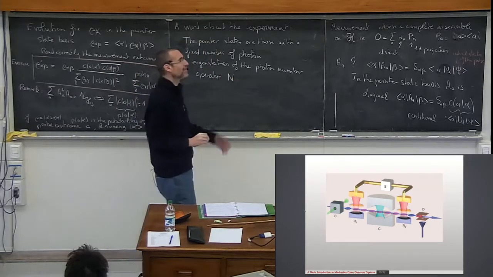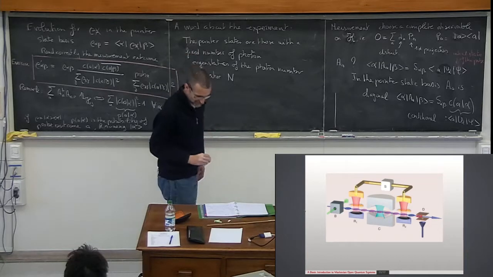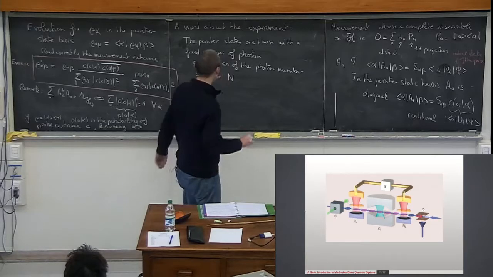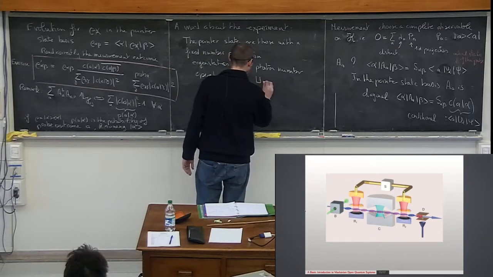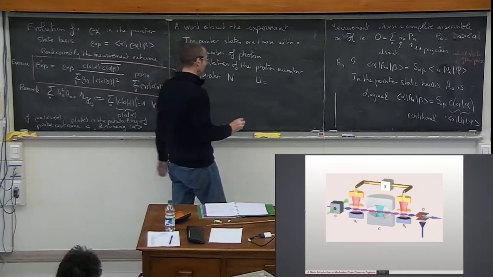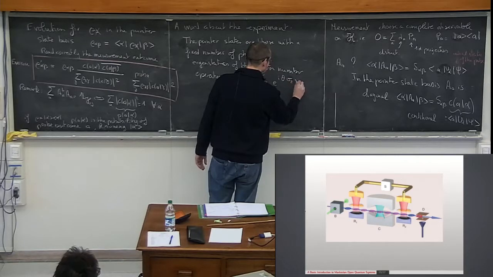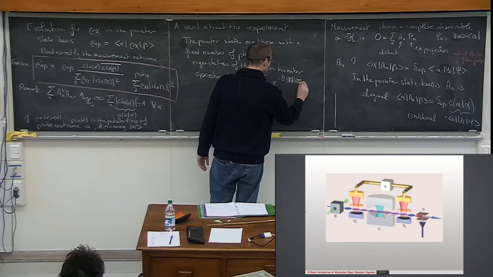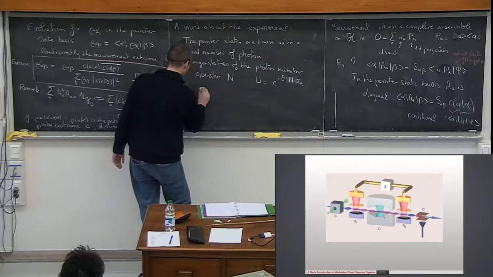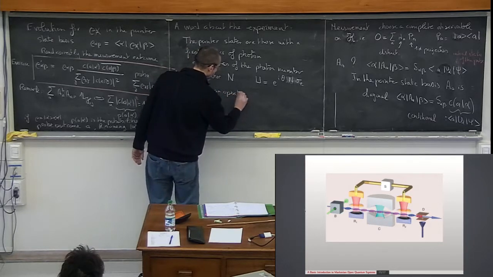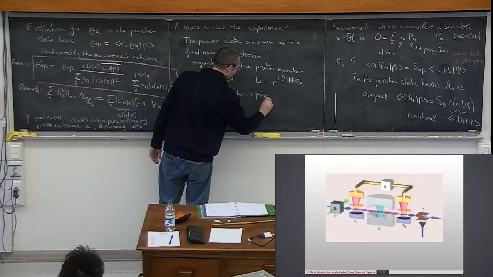And then the interaction is extremely simple. In an appropriate basis, the unitary operator describing the interaction of one probe with the system is just e to the i theta n sigma z, where sigma z is an operator in probe space.